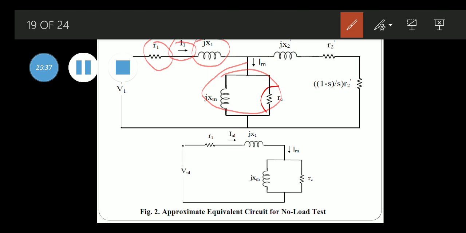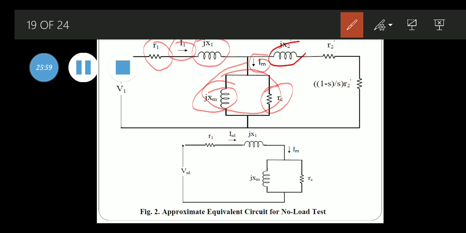RC is the core loss component of the resistance, and XM is the magnetizing component of the reactance. Then the no load current flowing here can be divided into two components: the core loss component of the current and the magnetizing component of the current.